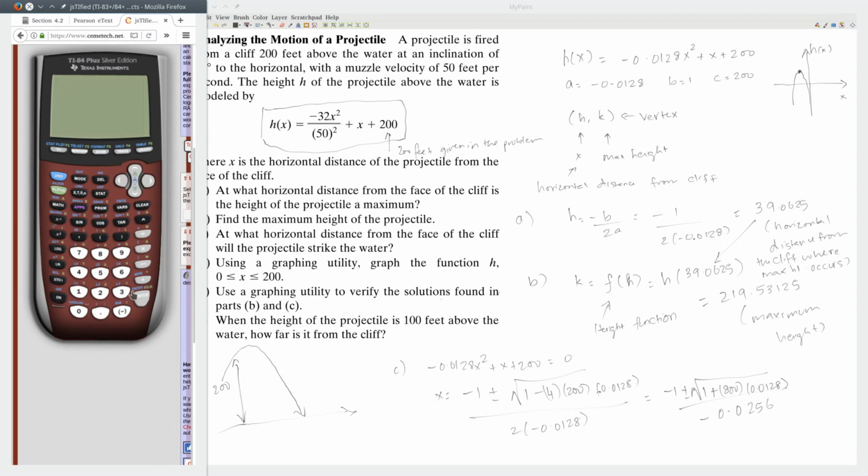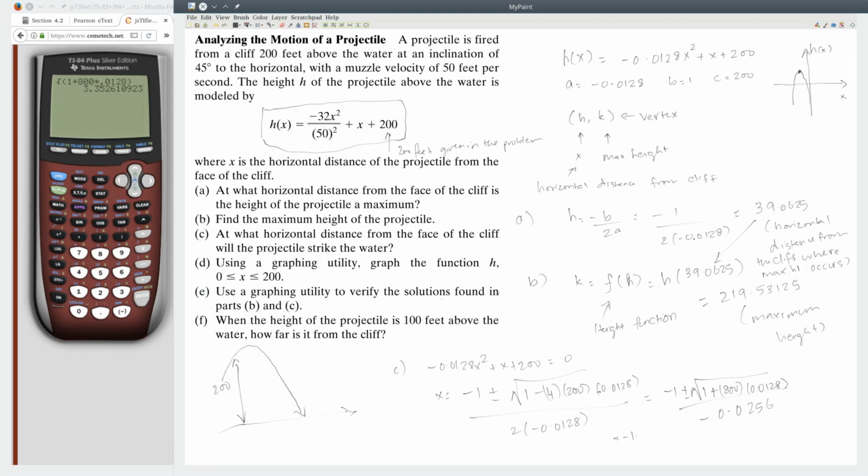We could find this square root first: 1 plus 800 times 0.0128, and that's 3.352.